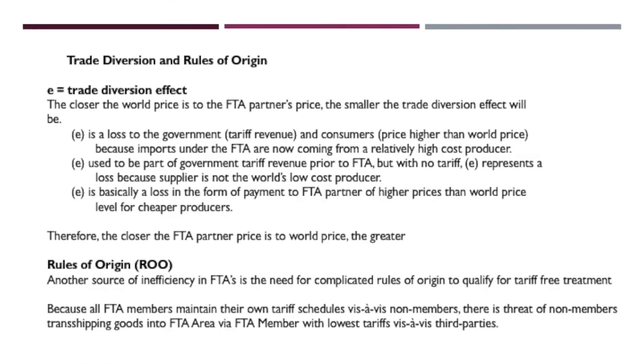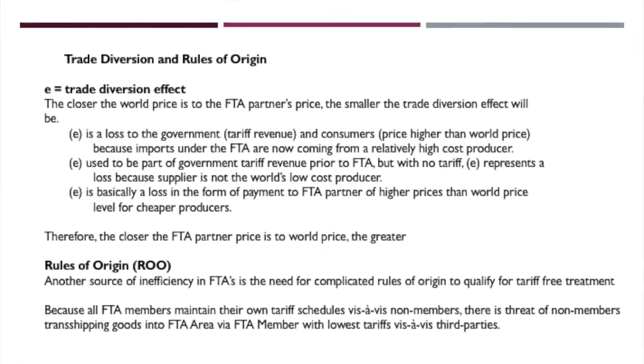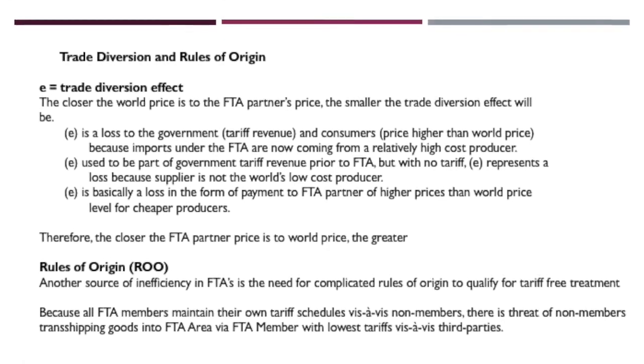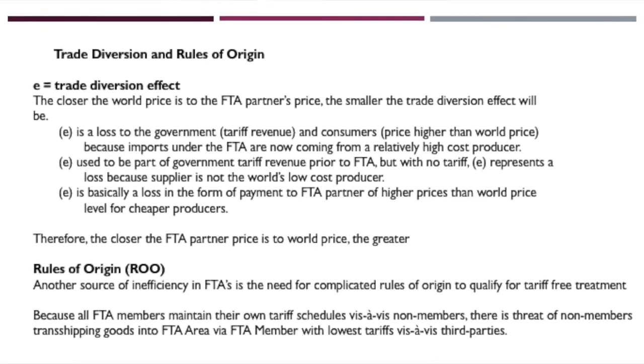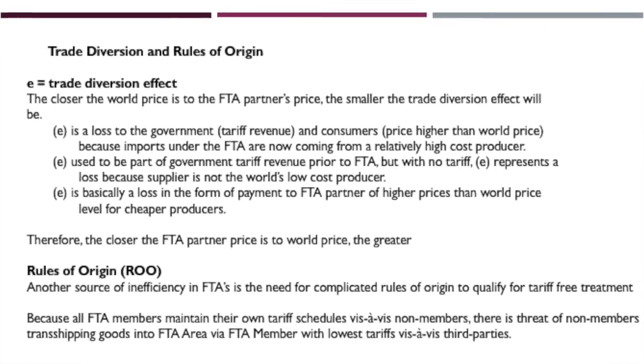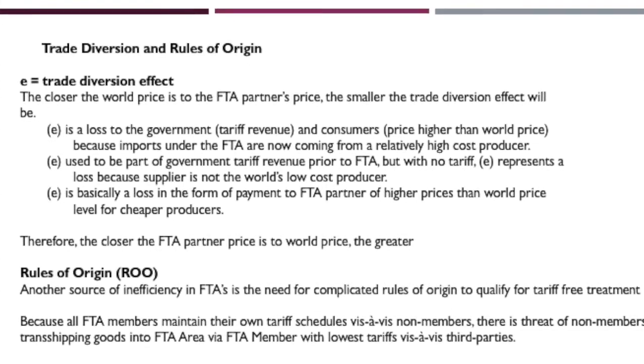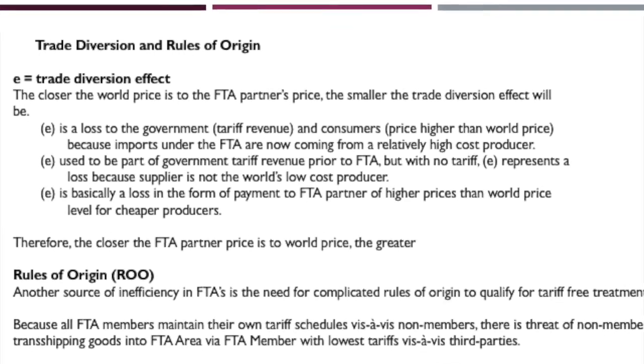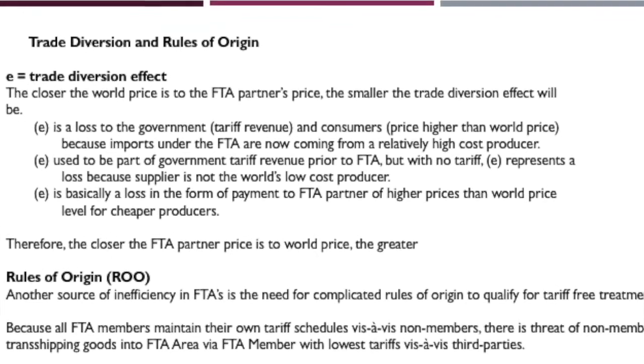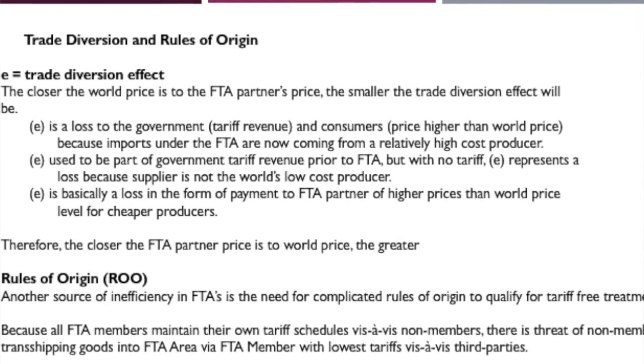So this slide disaggregates or talks at greater length about that Area E, the trade diversion effect, and the inefficiency that comes from trade liberalization with partners engaging in preference arrangements with countries who are not necessarily the world's most efficient producers.